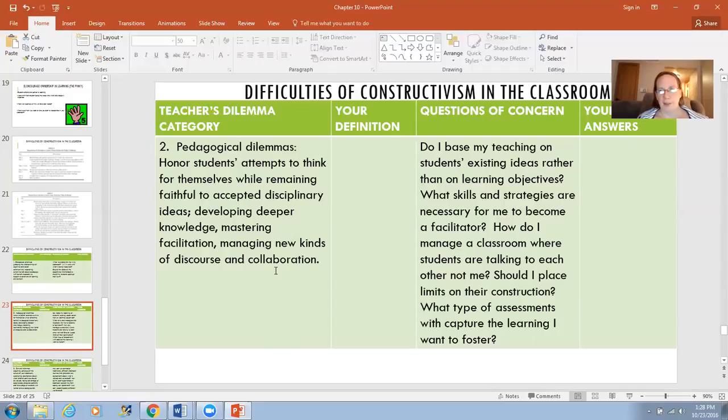So this is a wild example, but let's just say that the accepted disciplinary idea is that the world is flat. And you have a student that says, no, it's not. Oh, well, how are you going to deal with that?